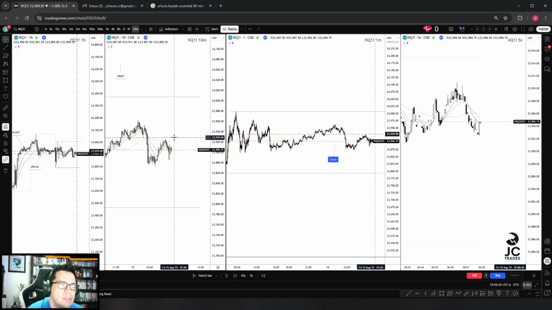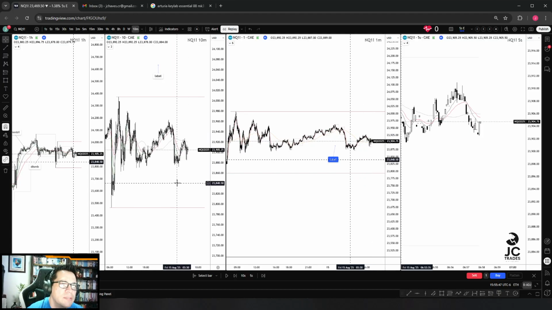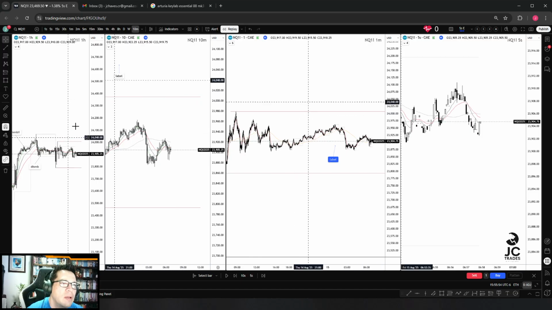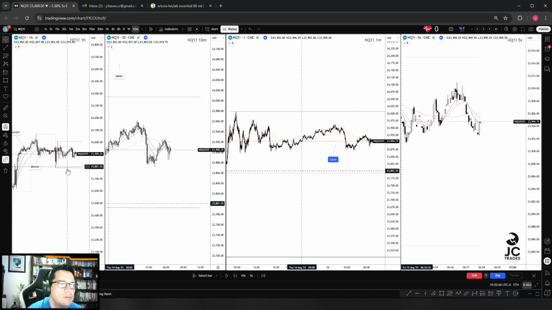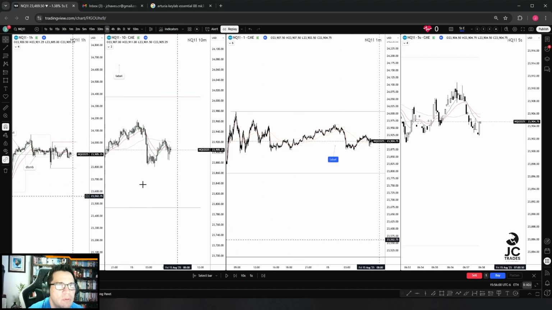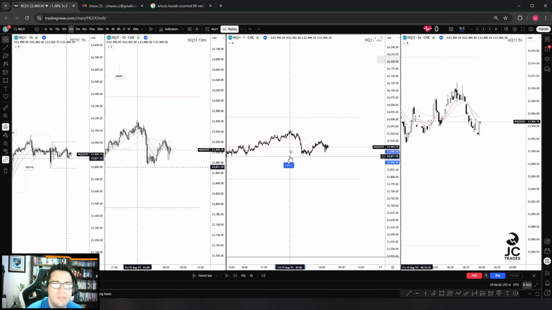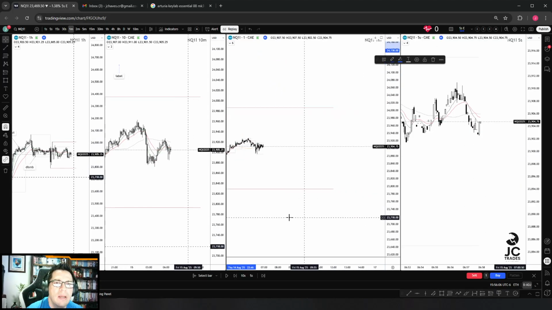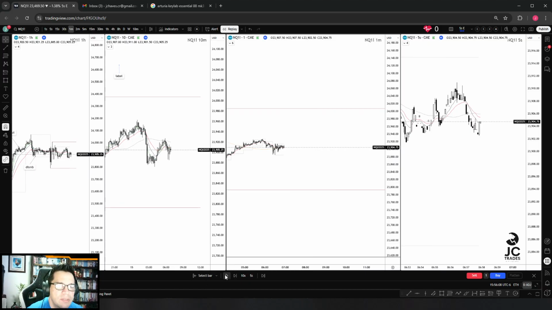So these are two areas that we could also somehow consider, but it would be best actually to see a move above or below the high and low that we just placed on the hourly. So I'm just gonna at this point play price to see how it went, and we're gonna start discussing it from there.